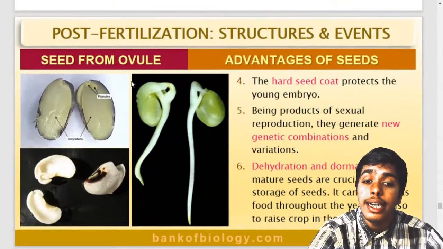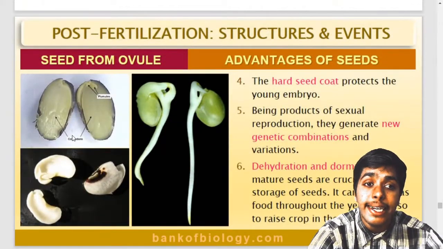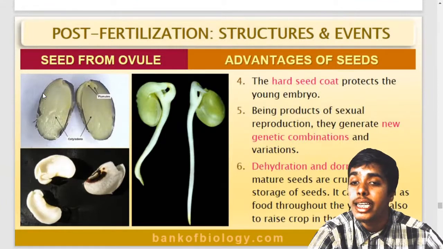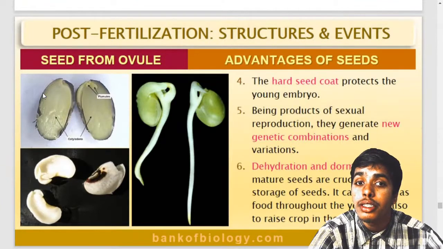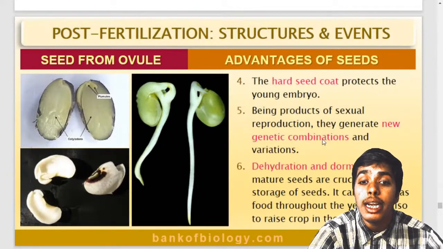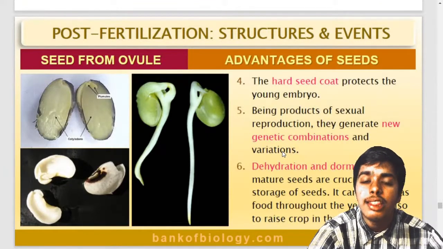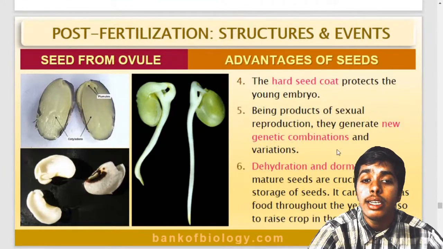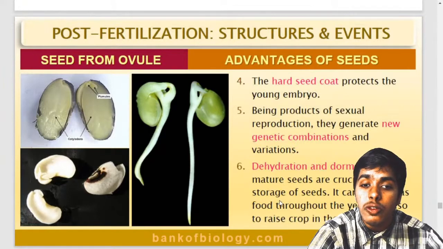And the hard seed coat protects the seed from stress and external conditions. Being a product of sexual reproduction, seeds generate new genetic variations and combinations. That means they are produced from two different parents, so they show genetic variations and combinations. Dehydration and dormancy of seeds are crucial for the storage of food seeds.